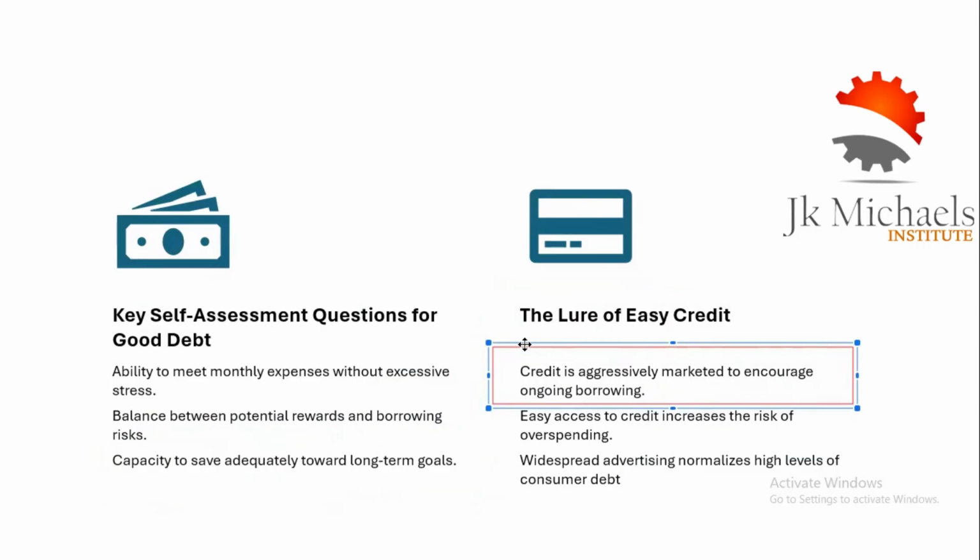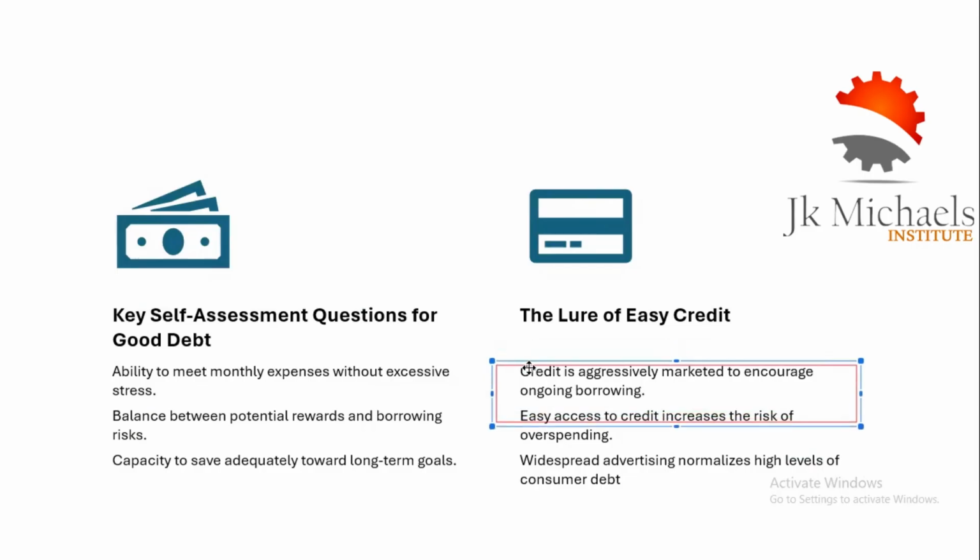The same way people sell you phones because they want to make a profit, that's the same way lending institutions sell you money so that they can earn interest. Easy access to credit can make you borrow and overspend. Be very careful of that.